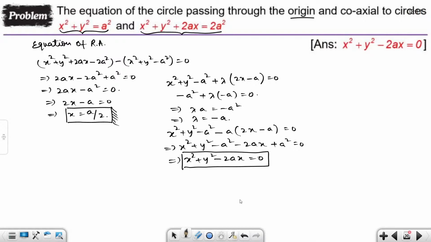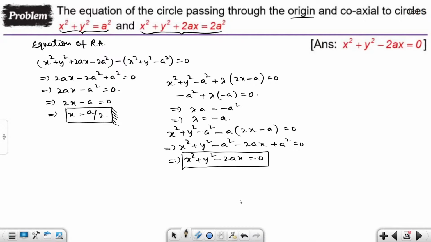And as it is saying that the circle is passing through the origin, hence it must satisfy this equation. And putting the value of the origin, I mean x equals 0 and y equals 0, we are getting the value of lambda. And the moment we get the value of lambda, we put it in the equation to get our required equation of the circle.